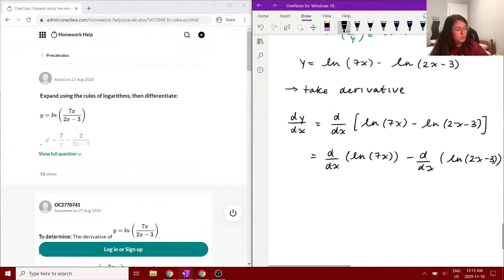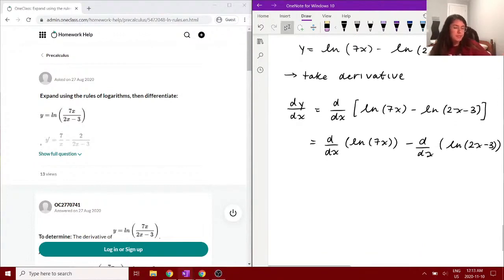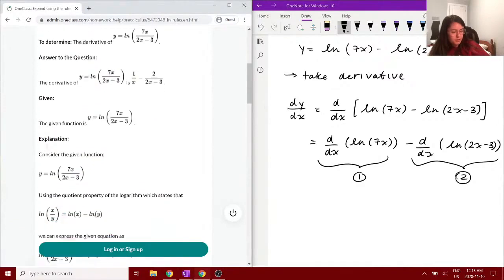Okay, I just separated it because they're just being subtracted, so they don't need to be considered as one full term. And this makes it a little bit easier to understand. So I'm going to separate this into two parts just because it might be a little bit clearer this way. Also, I'll show what the solution does here.